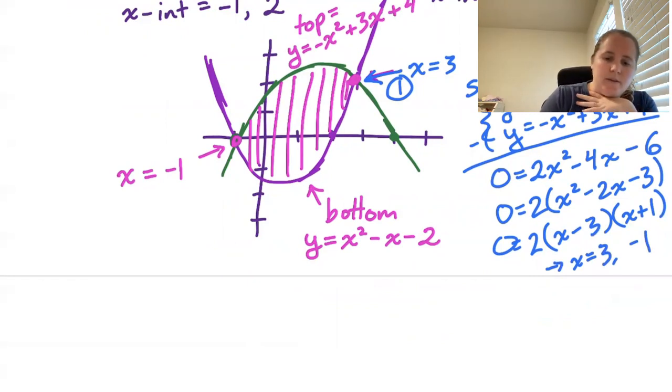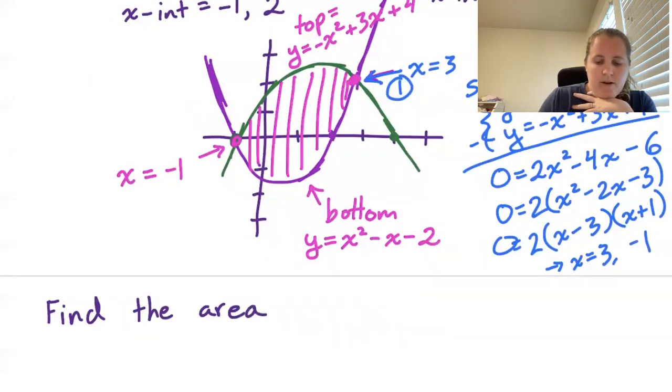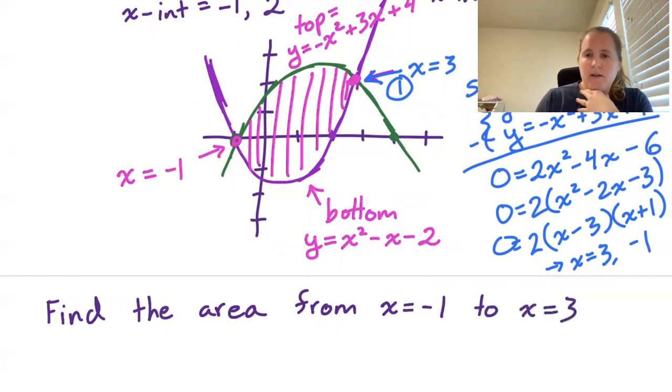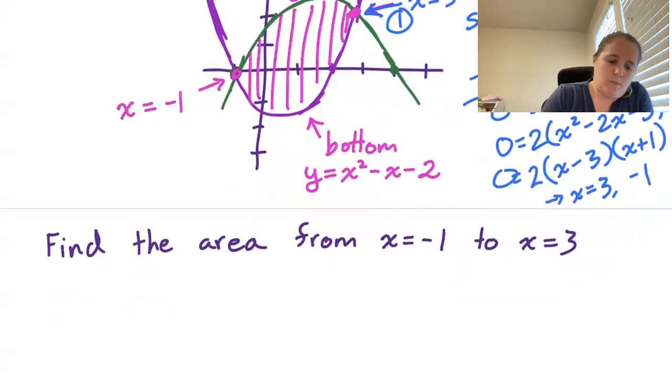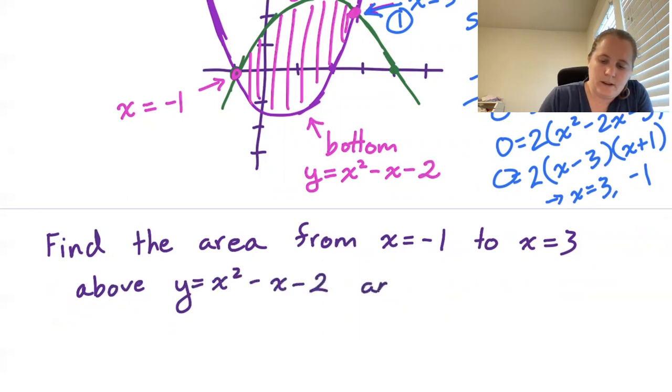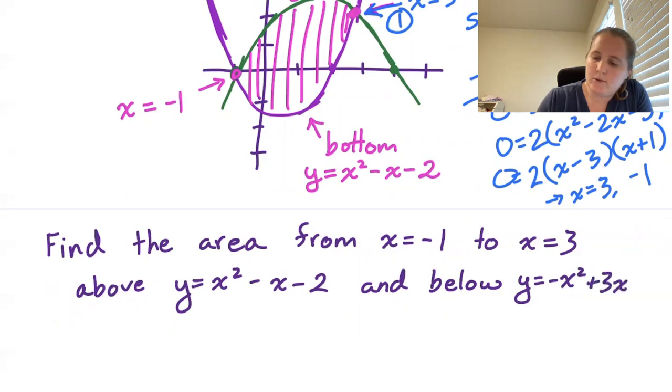So when we find our area, we're looking for the area from x equals -1 to x equals 3, which is above y equals x squared minus x minus 2, and below y equals -x squared plus 3x plus 4.